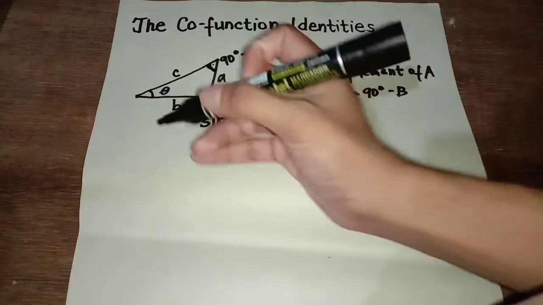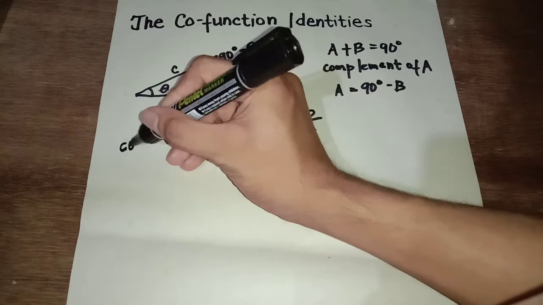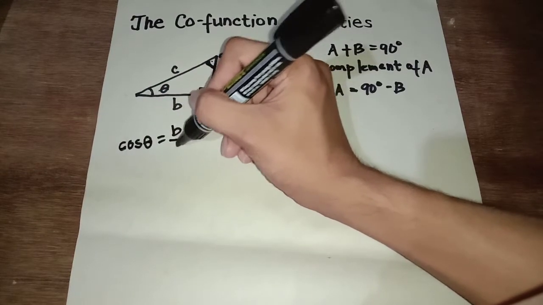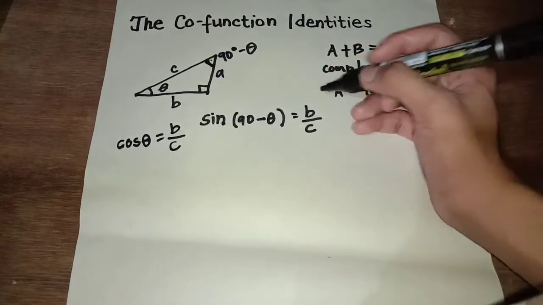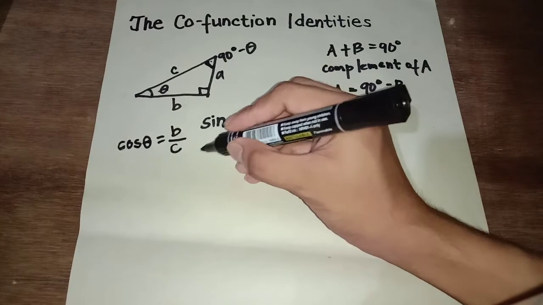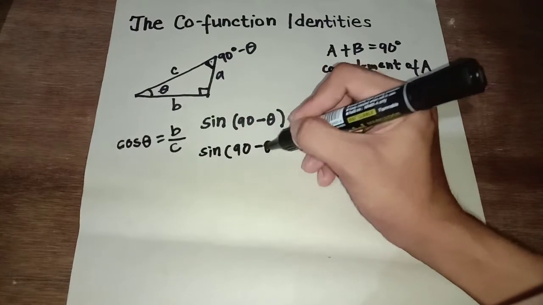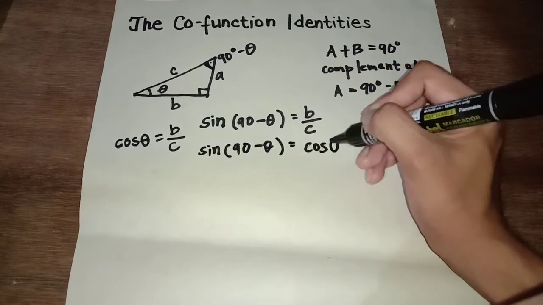So B over C here is, if this is our reference angle, cosine theta is equal to B over C, which is equal to this. So substituting, we have sine of 90 minus theta is equal to cosine theta.